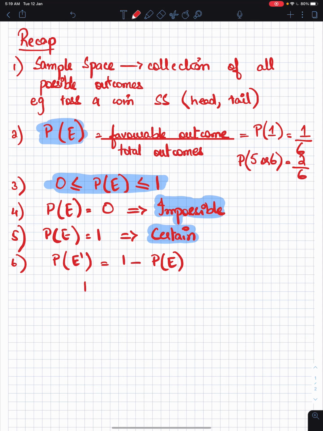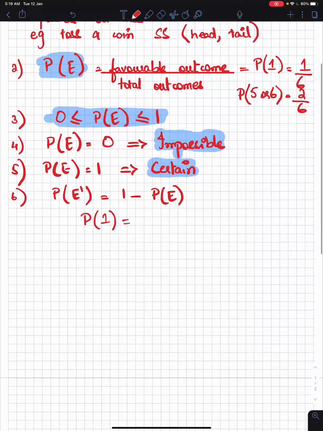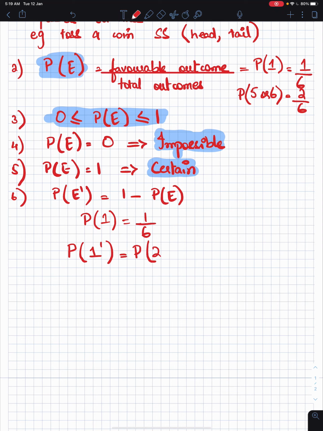Let's say if you throw a die, the probability of it showing a 1 is 1 by 6, and the probability of it showing not a 1, that means the probability of it showing a 2, 3, 4, 5 or 6, that is 5 by 6. And if you subtract 1 over 6 from 1, the answer is also 5 by 6. तो ये सारी चीज़ें हमने पिछली बुक में लर्न की थी.